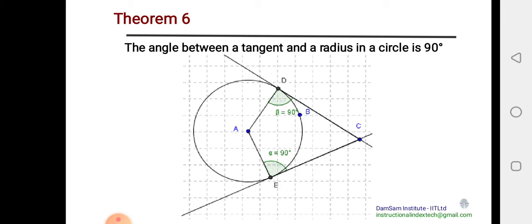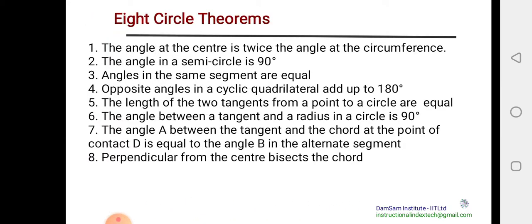The angle at this point is measured 90 degrees. The same thing applies to the other one here, tangent CE and radius AE, where they both meet, it is 90 degrees.